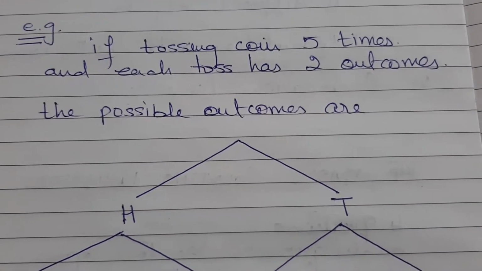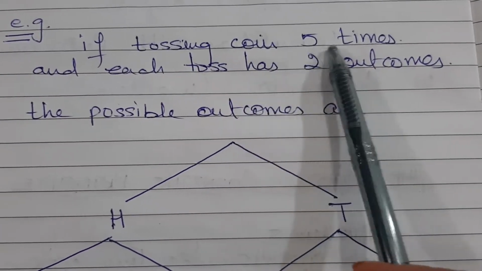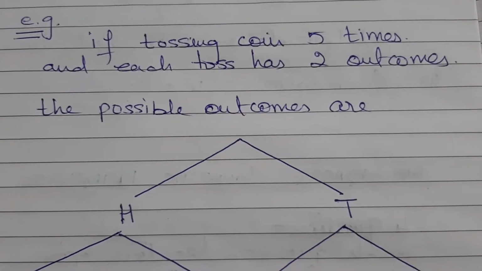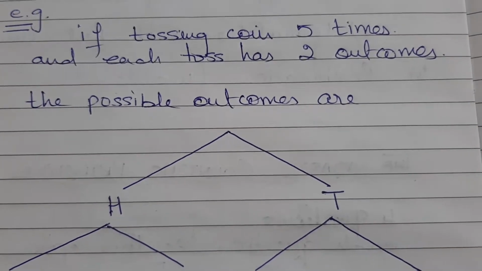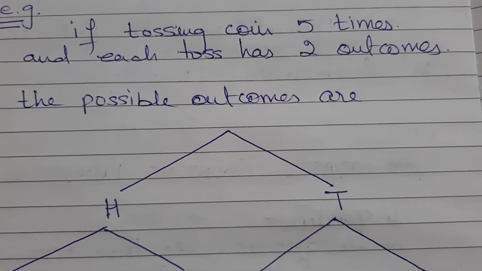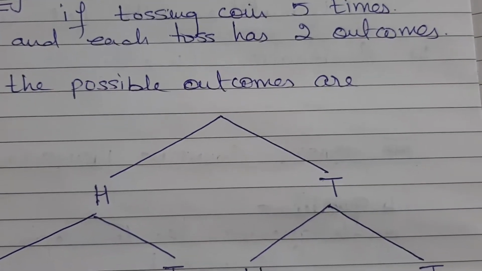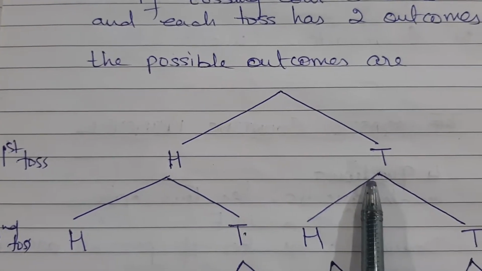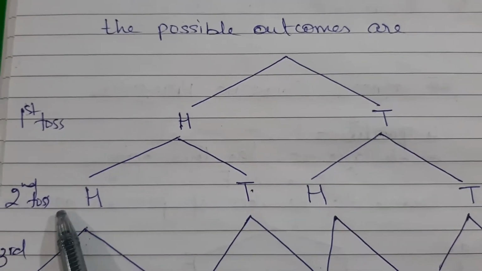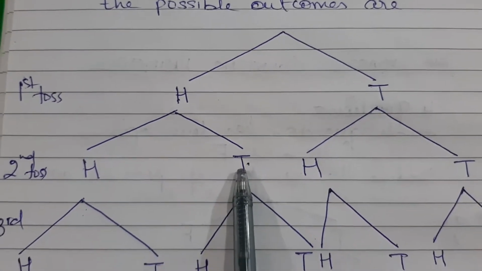Similarly, let me take another example. Suppose I'm tossing a coin 5 times. Now what are the possible outcomes for each toss? If it is a coin, then there are 2 outcomes only, head and tail, right? So when I'm tossing the coin the first time, there are 2 options, head and tail. Second time, again 2 options.